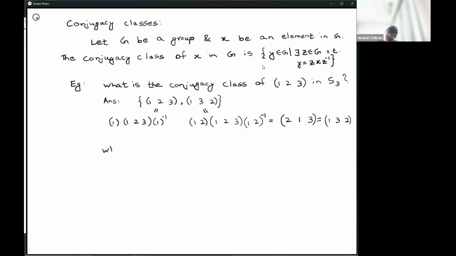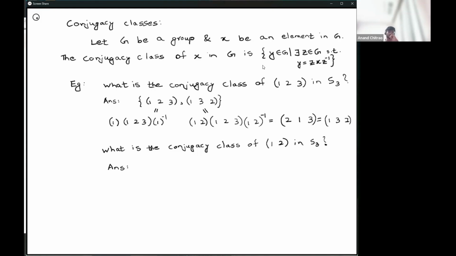Now, what is the conjugacy class of (1 2) in S3? If you know the answer, don't spill it out.